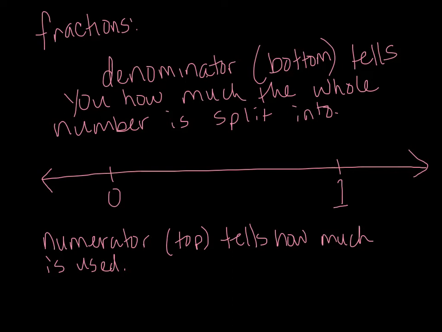Okay, so if I have the fraction 4/5, the denominator, the bottom, tells me how many equal pieces the number is broken into from 0 to 1 for the whole number. So this is broken into 5 equal pieces.